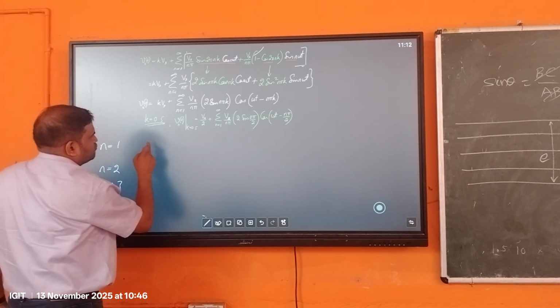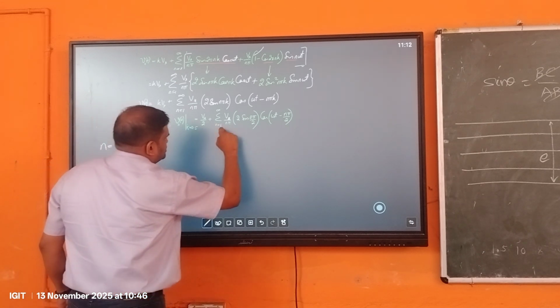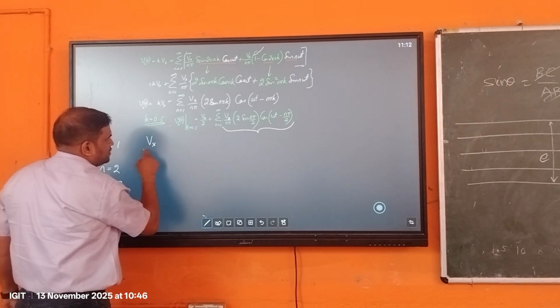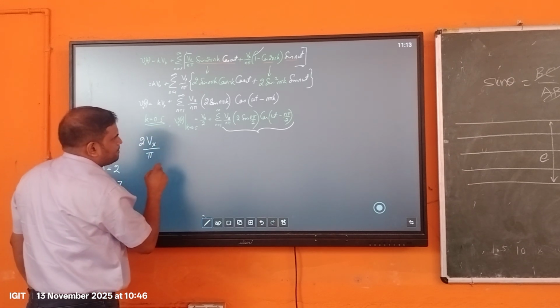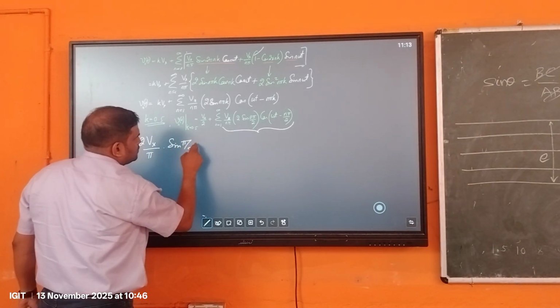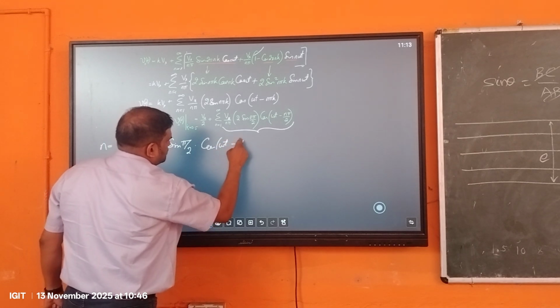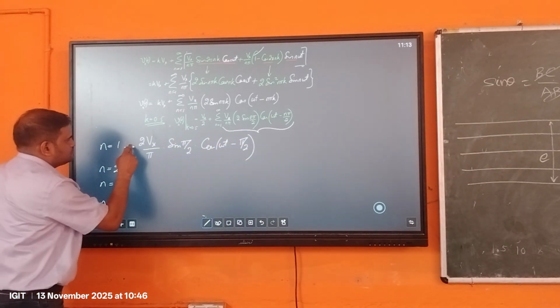For n is equal to 1, we evaluate this term and get Vs by 2 plus Vs by pi sine of pi by 2 cos of omega t minus pi by 2 for n is equal to 1.